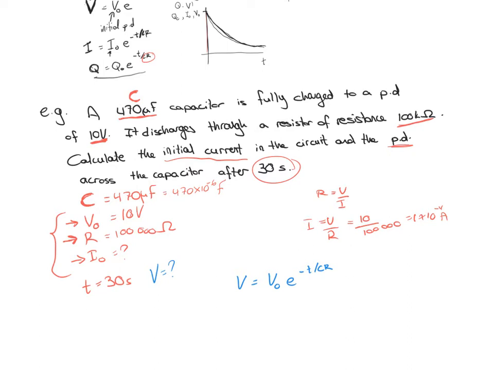So I start off with the initial potential difference, 10, e to the minus 30 divided by C times R, so C times R, which is 470 times 10 to the minus 6 times 100 times 10 to the 3.